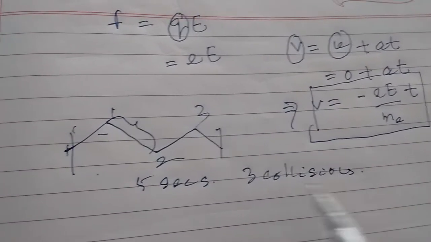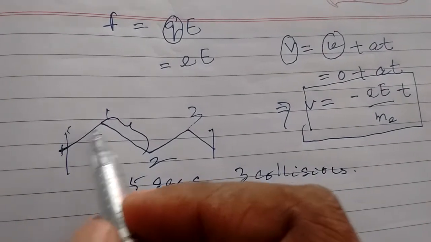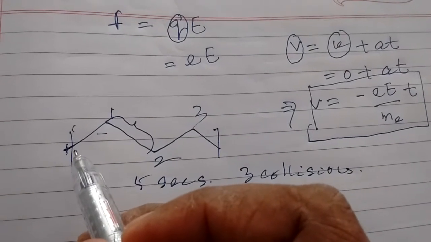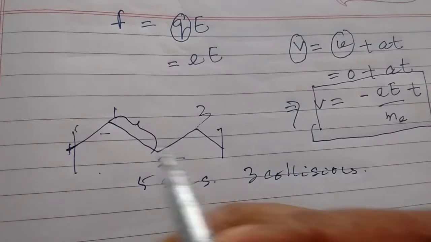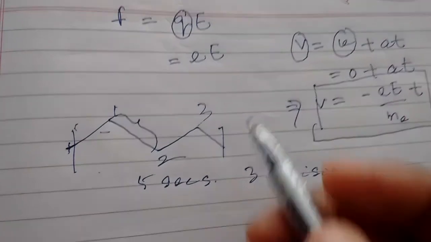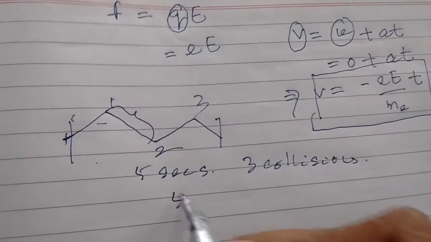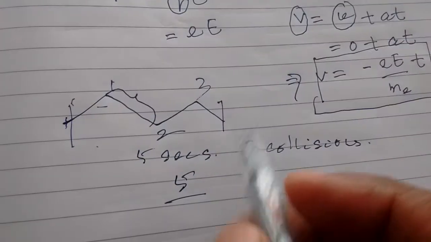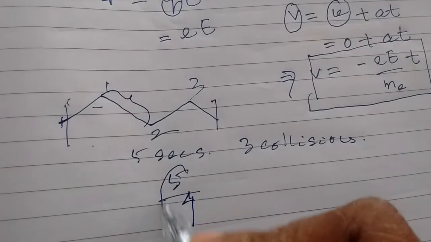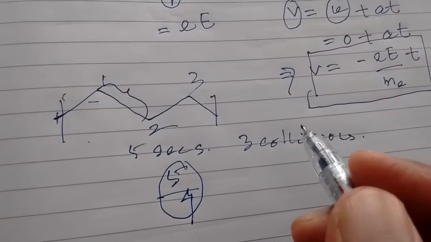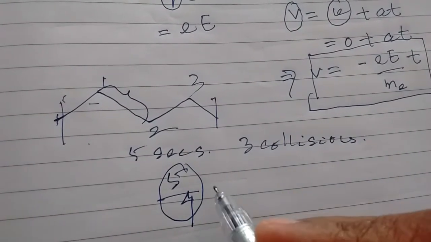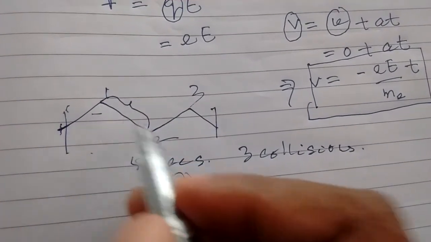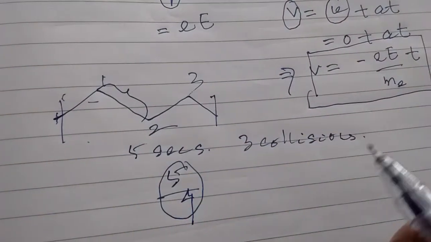So between two successive collisions there will be one time interval. It might not be the same every time, but on an average there will be one value. What is that average value? 5 seconds divided by 4, since there are four intervals. This is the average time for which the electron moves freely between two successive collisions.